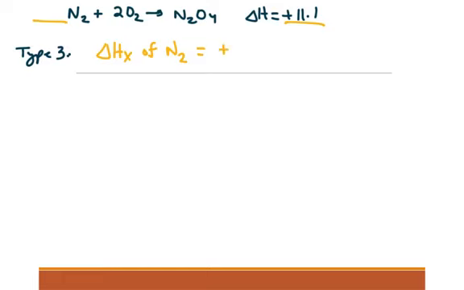So we're going to have positive 11.1 kilojoules divided by our coefficient of 1 mole, which means it'll only be positive 11.1 kilojoules per mole.